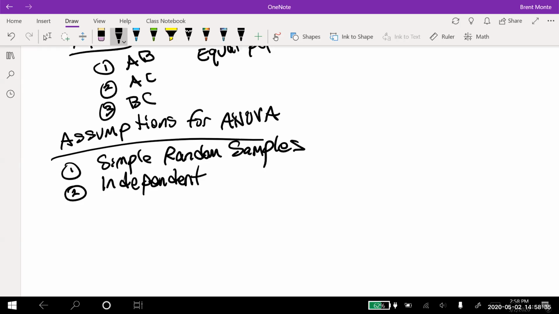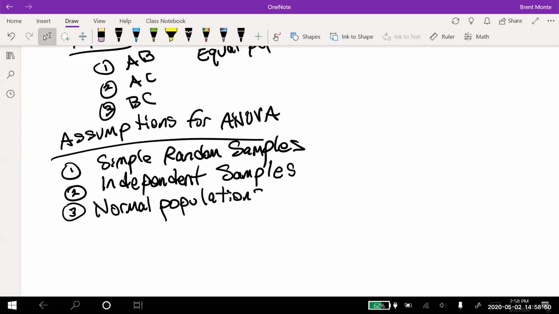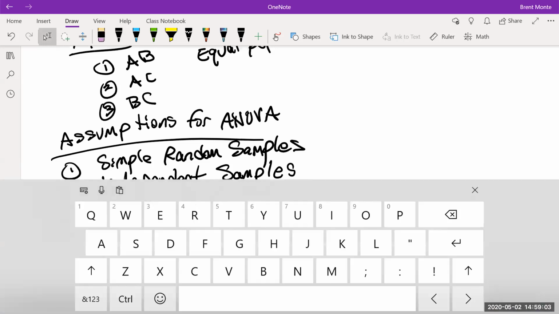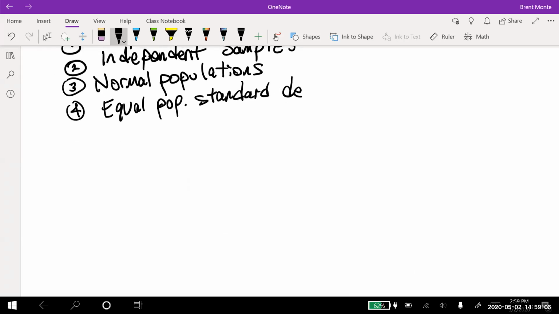Remember, that means the selection of one sample does not influence the selection of the other sample. We have to have normal populations. And lastly, equal standard deviations. Equal population standard deviations. Okay, if we have all of these, then I can go ahead and perform the test. So we're going to have to assume that we do.